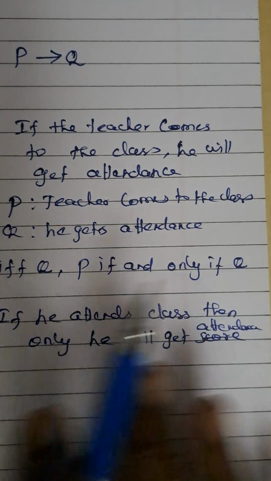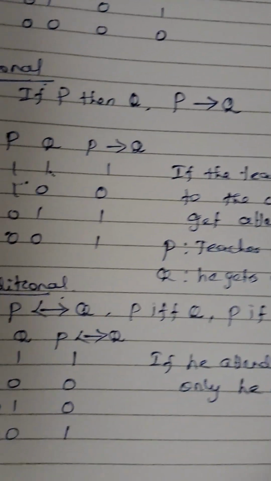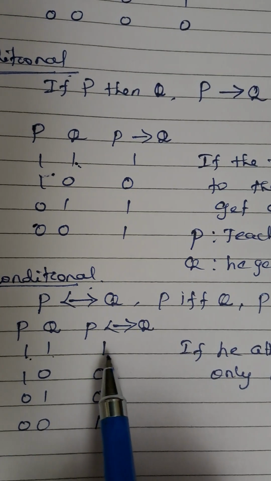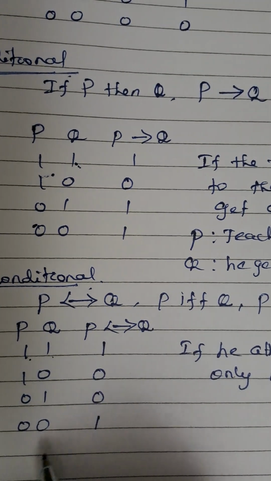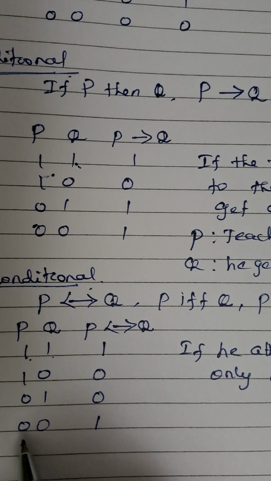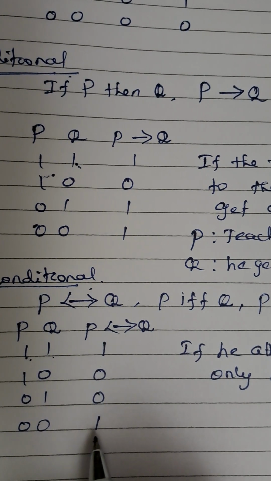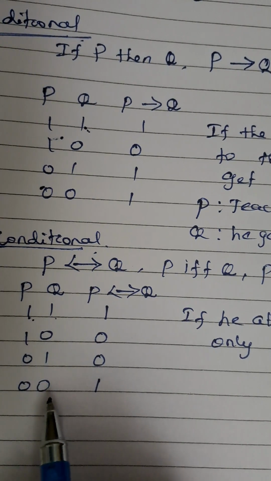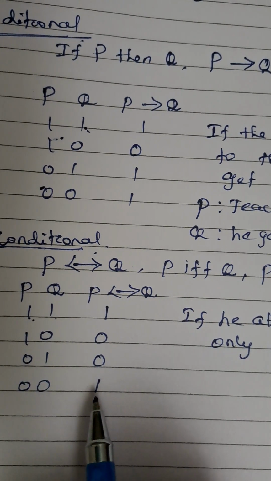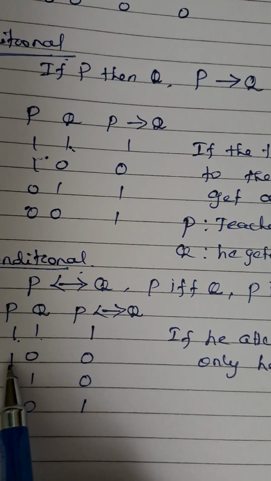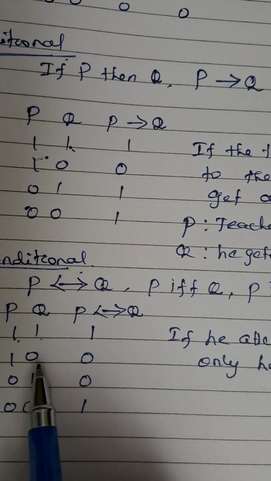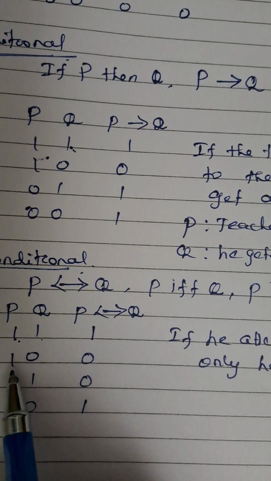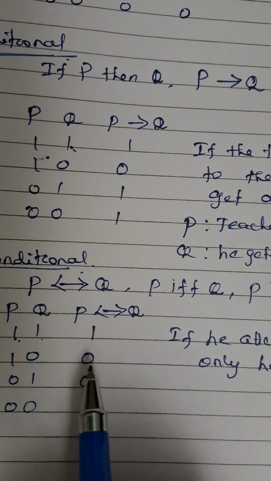That is the meaning. So here 1 1: if he attends the class, he will get attendance, so 1. If he is not attending the class, he will not get attendance. That is also true. And if he attends the class but is not getting attendance, that is false. He attends but does not get attendance, so 0.